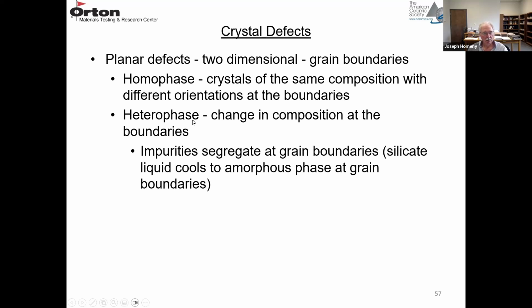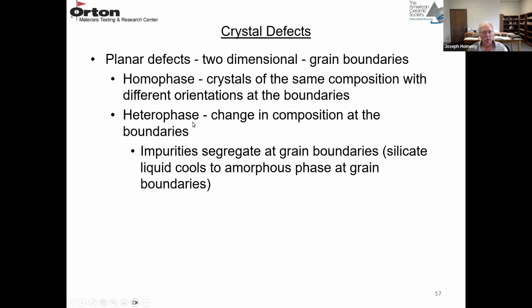In a heterophase grain boundary, you have a compositional difference. So impurities tend to segregate at grain boundaries. In refractory materials, you have a lot of silicate amorphous type phases at the grain boundaries. So you have a silicate liquid at a high temperature, it cools to form amorphous, glassy type material at the grain boundaries.